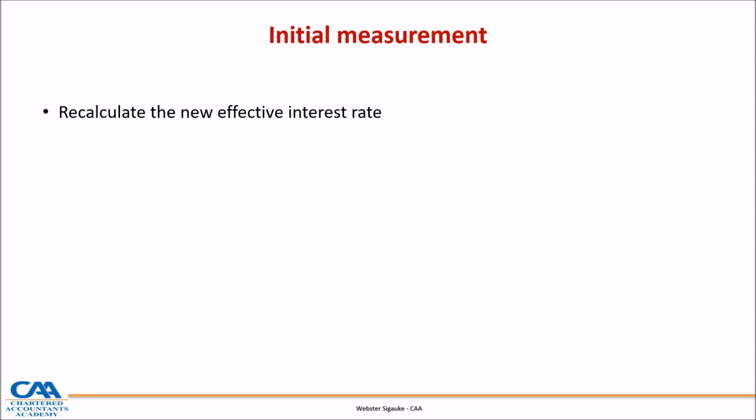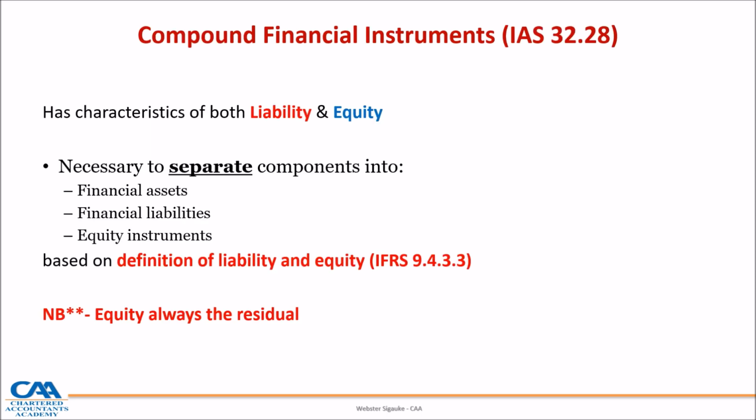So you'd have your N, your PMT, your future value, and your present value, if it's at amortized cost, would then include your transaction costs, which means that your effective interest has changed, right? Therefore, when you get to your tests and exams and you see that there's a change in your transaction costs, you definitely need to recalculate your new effective interest rate to show the impact of your transaction costs on your financial instrument.